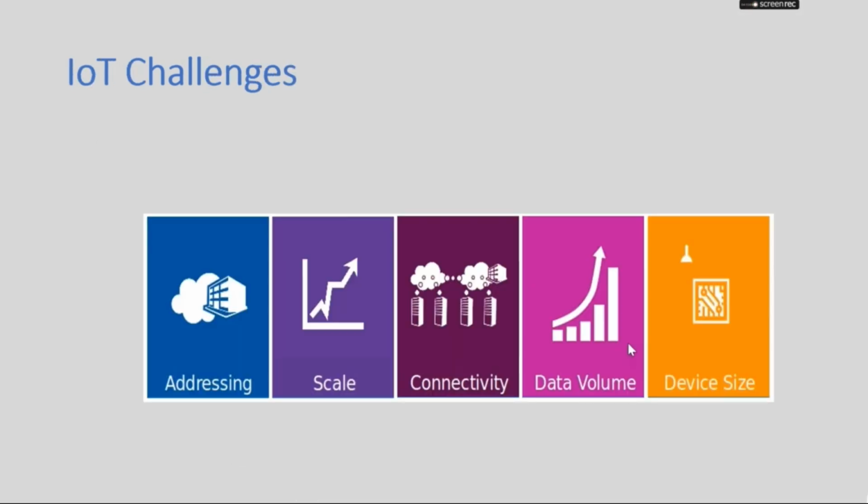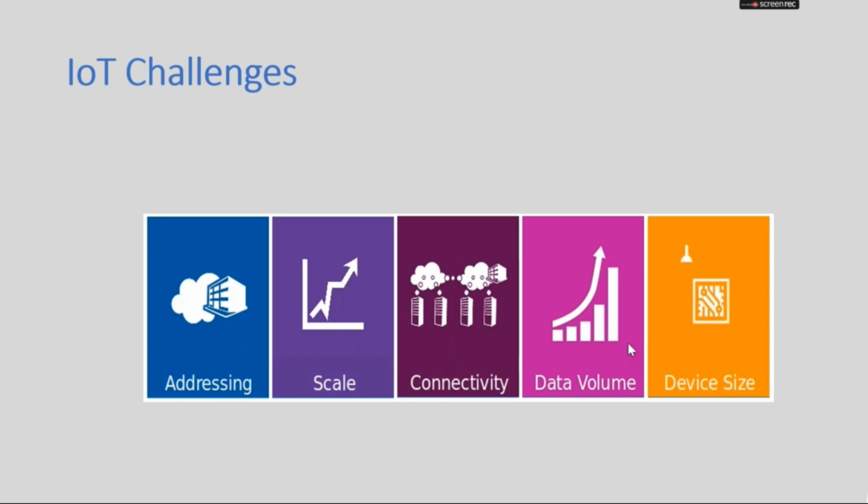There are lots of challenges faced in IoT embedded systems. First is addressing. Because of large data, we find it difficult to address every piece of data, so it is a challenge to IoT. Later are scaling and connectivity. Before 4G and 5G launched, in the era of 2G, there was slow connectivity to the internet, and very few people used it.